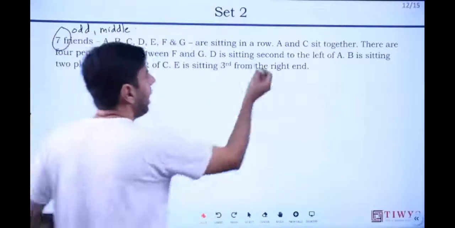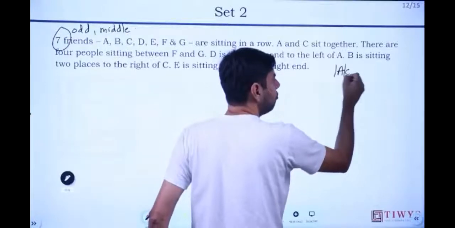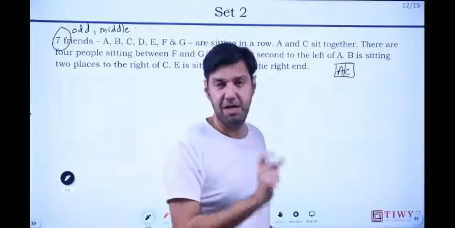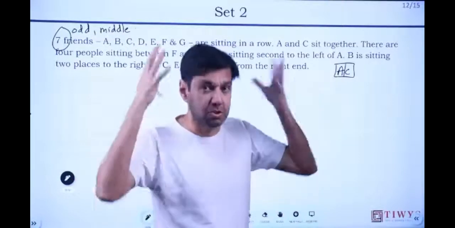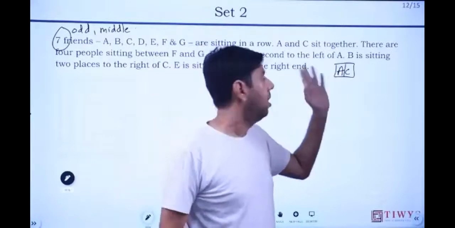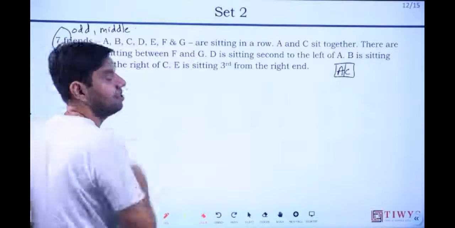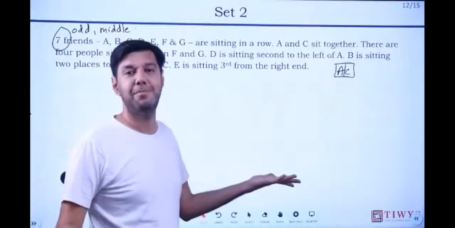Sitting in a row. A and C sit together, and that should just be ACCA. You don't know where it's a block of 2; 1, 2, 3, 4, 5, 6, or 7, anywhere they could go. Abhitna, you cannot speak out. It should all be just by reading it. So you don't know where they are or anything. There are 4 people sitting between F and G. Now here, after reading it immediately, I would be happy.